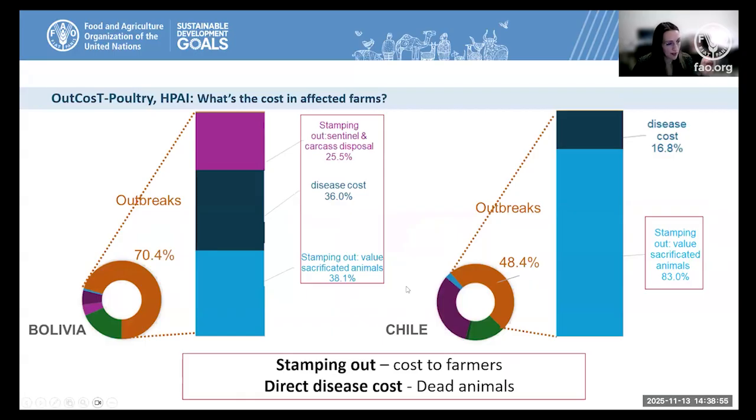If you break this down, in Bolivia, the cost was divided into three sections: stamping out for sentinels and carcass disposal, disease costs, so dead animals, and also animals that were sacrificed. And for Chile, it was divided in two sections, the disease cost and animals that were sacrificed.